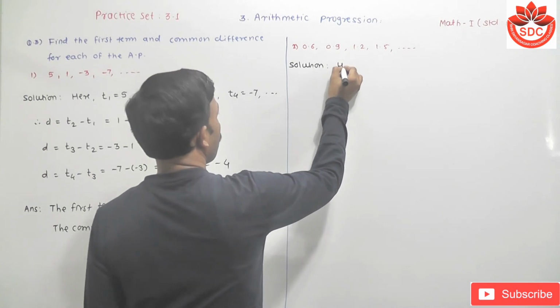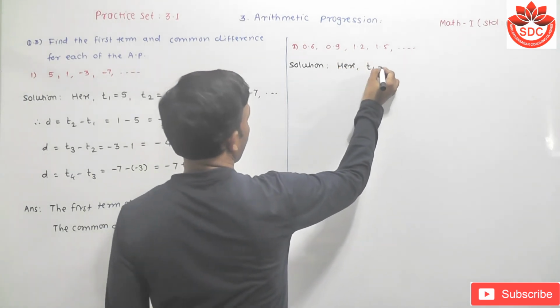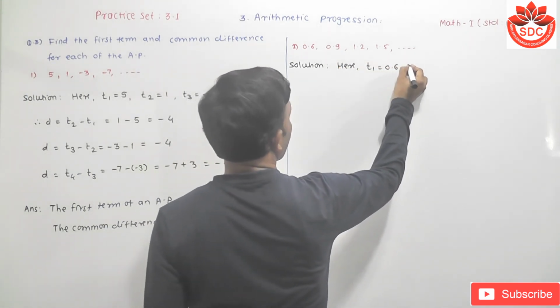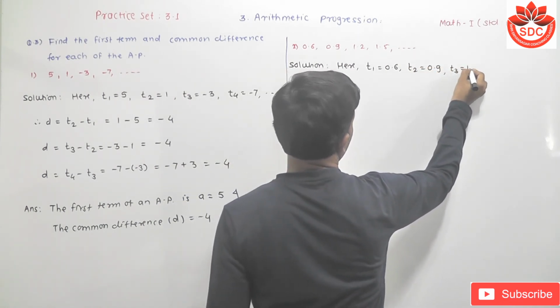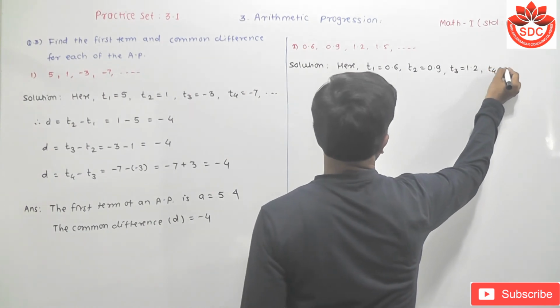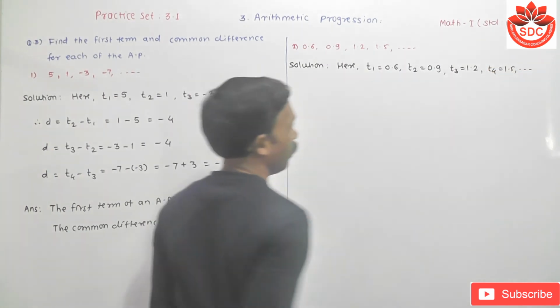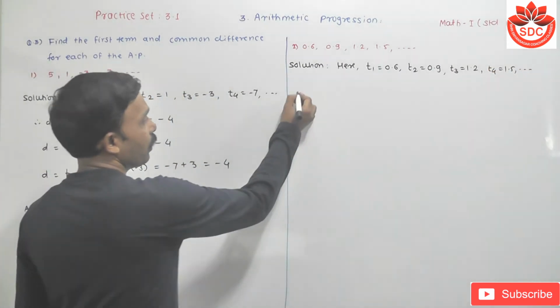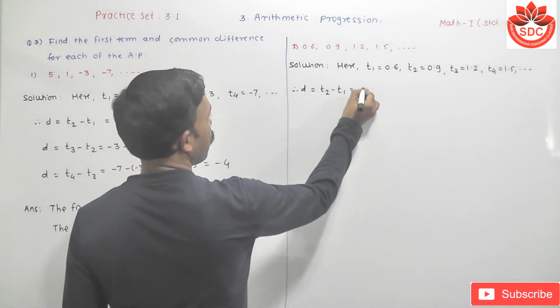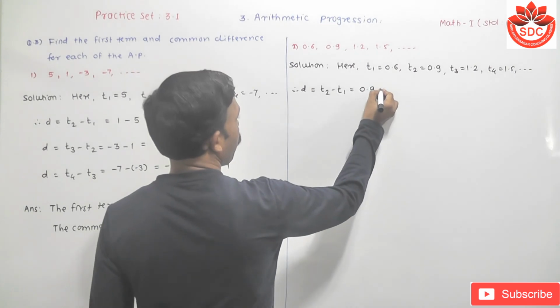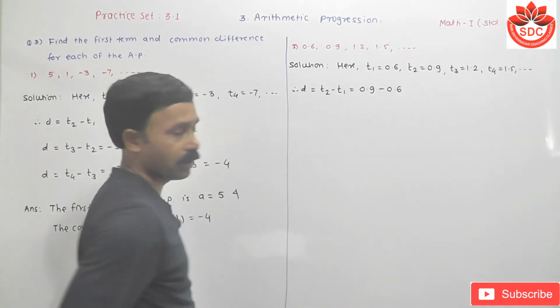here T1 is given 0.6, T2 is given 0.9, T3 is 1.2, T4 is 1.5 and so on. Therefore, the difference between any two consecutive terms, that means T2 minus T1, is equal to 0.9 minus 0.6.